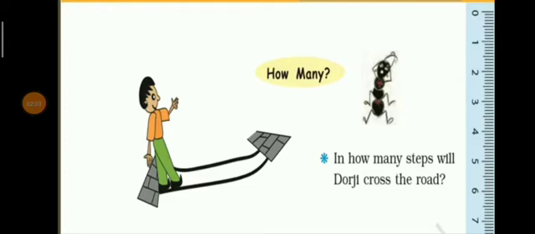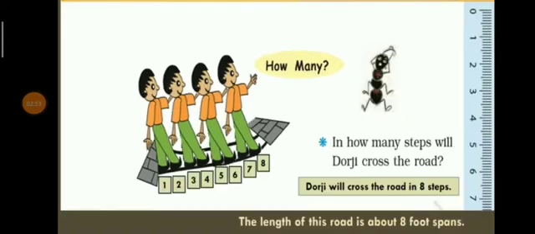So, Dorji will cross the road in 1, 2, 3, 4, 5, 6, 7, 8 steps. So, you can also say that the length of this road is about 8 foot spans.